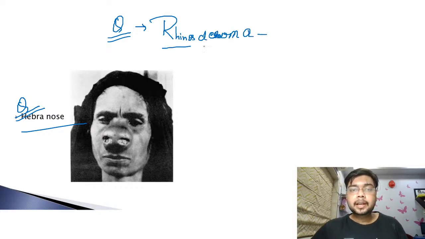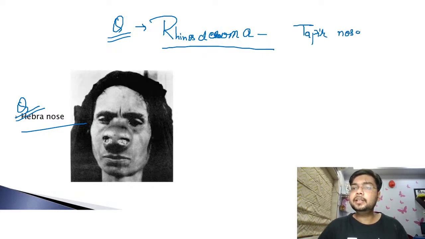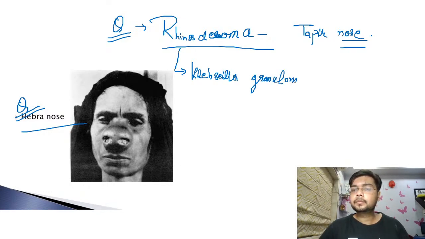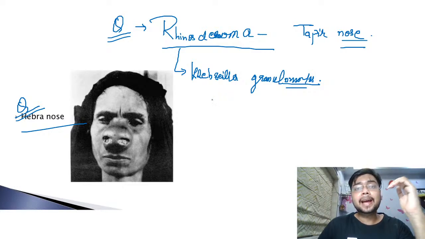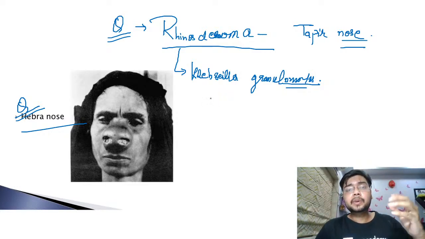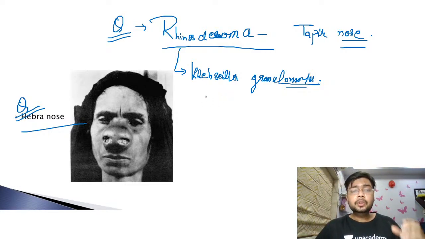Okay, so this Hebra nose or tapir nose is seen in rhinoscleroma caused by Klebsiella granulomatis, right? The rhinoscleroma has different stages, and this Hebra nose is basically seen in stage 3 of rhinoscleroma.